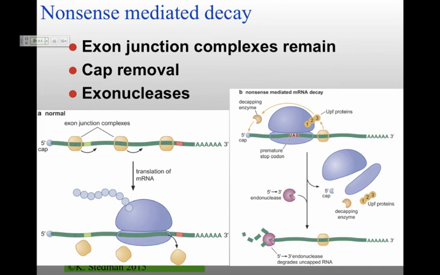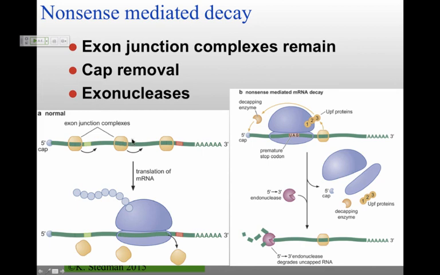So in a normal case, which is what's shown here on the left-hand side, you have splicing that takes place. We talked about the exon junction complexes getting added to your messenger RNA as it's being spliced. Those then get exported together with the messenger RNA out into the cytoplasm.